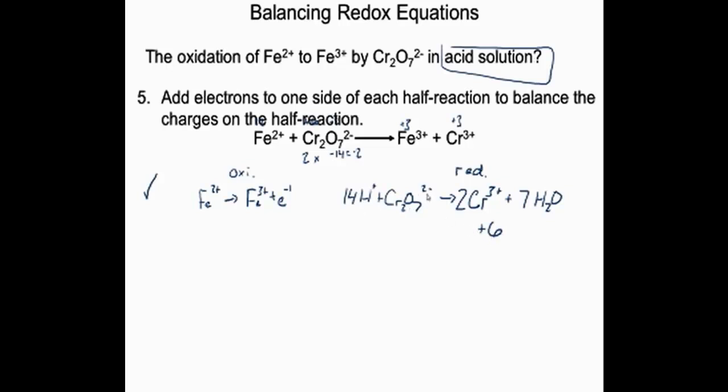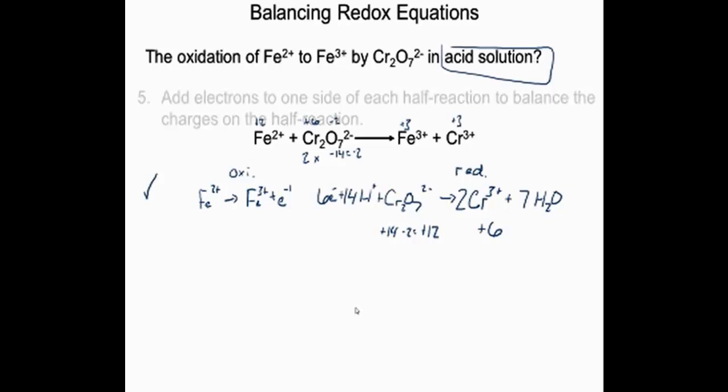Over here, we have 14 pluses minus 2, or really we have a +12. So what do we need to do on this side to make a +6? Well, we need to add 6 electrons. Alright?